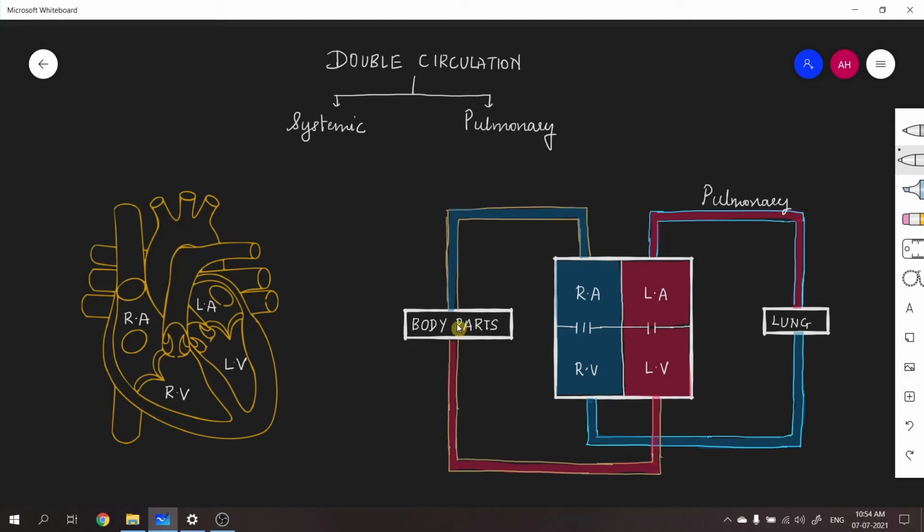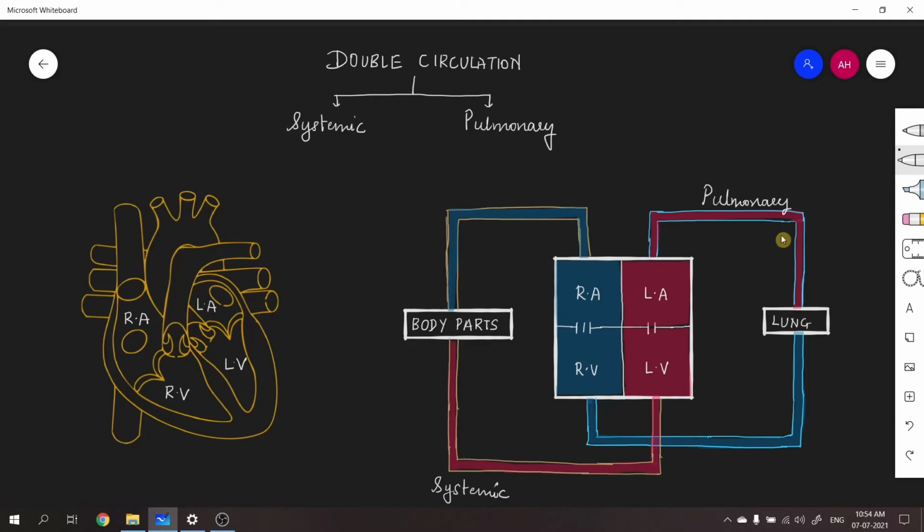So, the blood becomes deoxygenated once again, and the deoxygenated blood comes back to the heart into the right atrium of the heart. All right. So the course of blood from the left ventricle through the body parts back to the right atrium of the heart is called systemic circulation. So let me label that here. This is the systemic circulation.